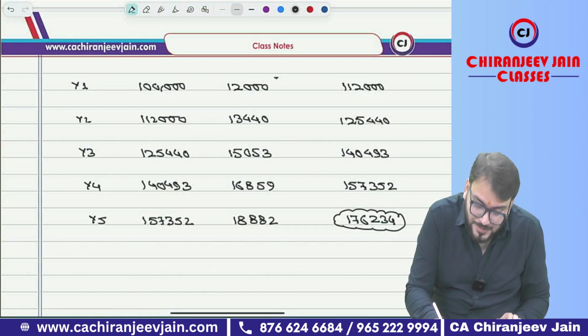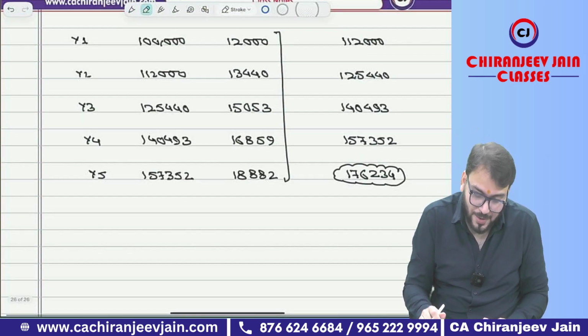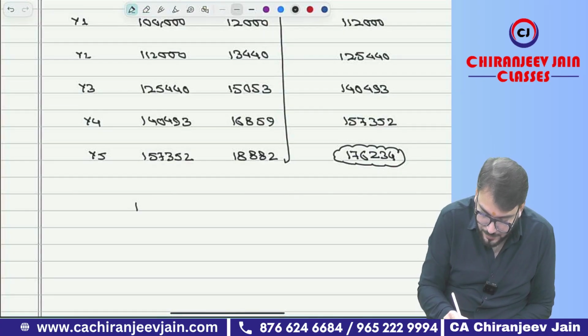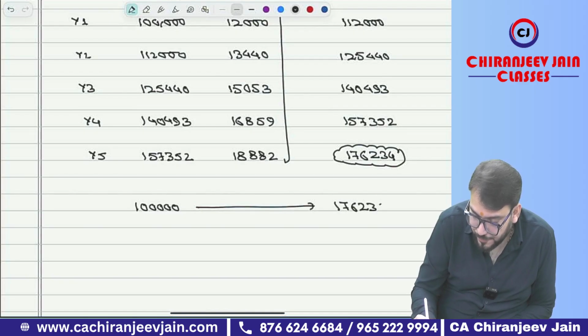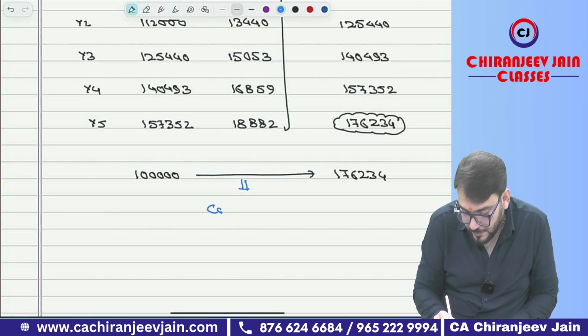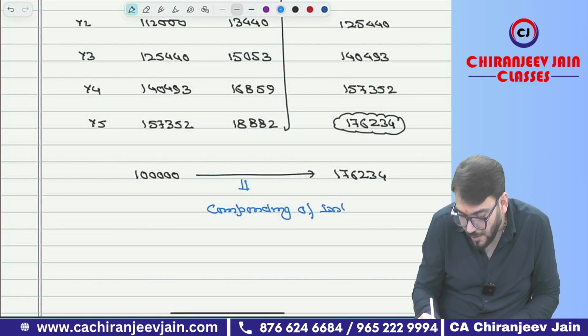So what we have done? This total amount of interest was for 5 years. So when 1 lakh is converted into 1,76,234, we call it compounding of interest.